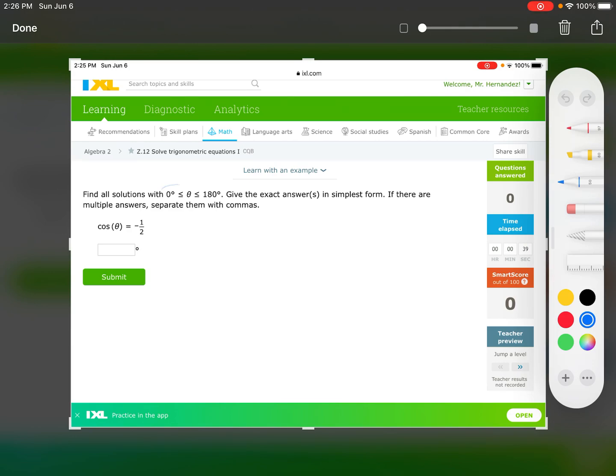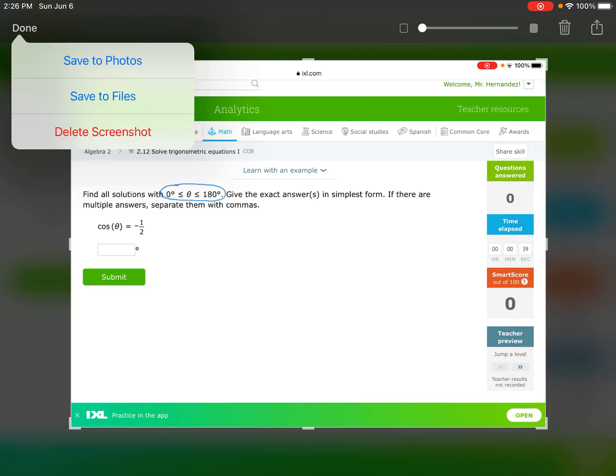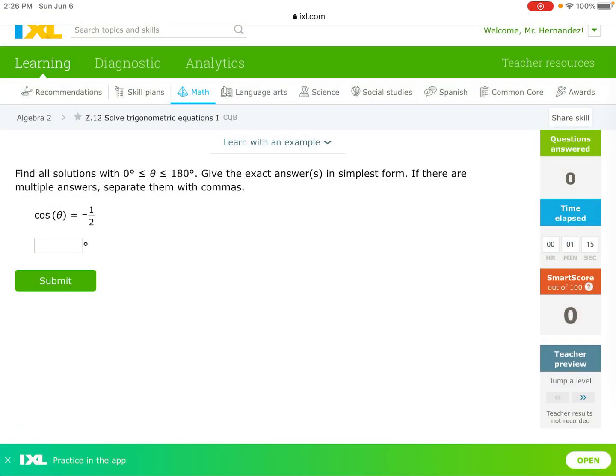and just keep in mind, it's going to be asking for within a certain range, and so here it's asking between 0 degrees and 180 degrees. What is the value? So let me go ahead and put that here.